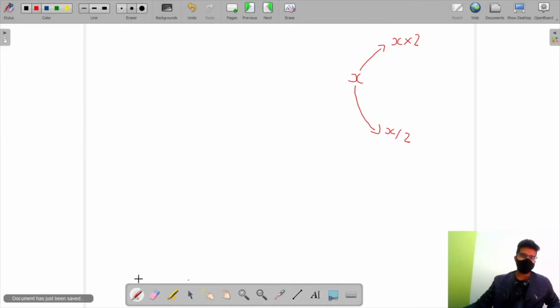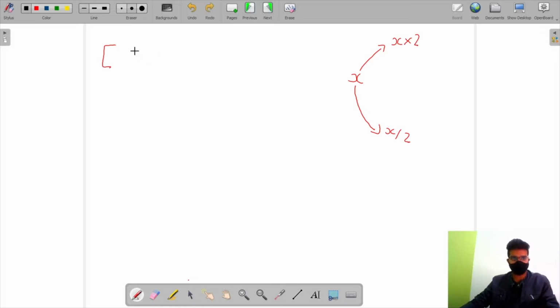Perfect. Now let's see an even case again from the start. Okay, let's see an even case, of course, the valid case. So let's say we got 9, 18, 9, 18, 4, 8.